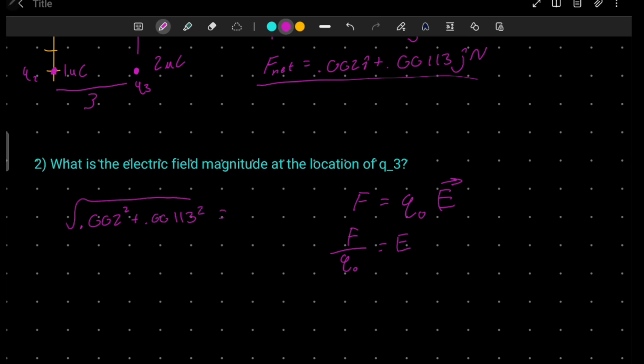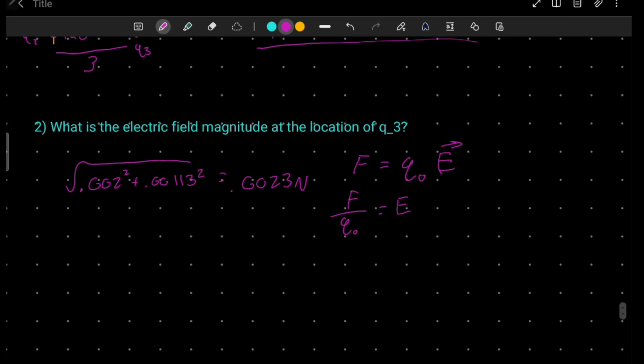We plug that into our calculator, and we get a magnitude of 0.0023 newtons. So we'll plug that into our equation.